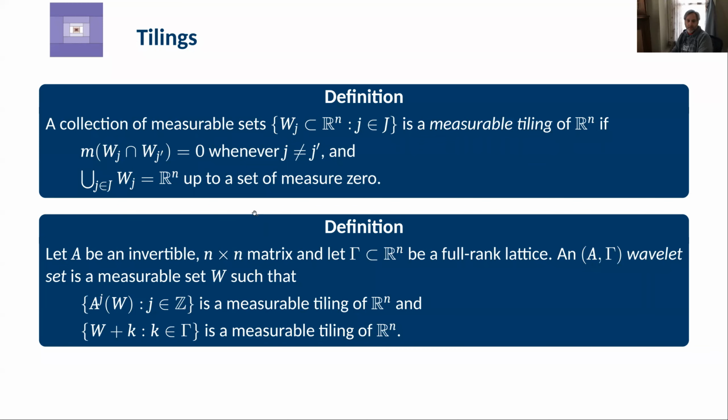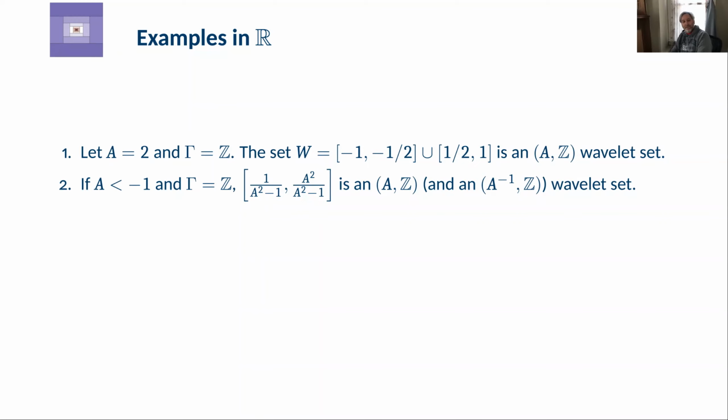Here are two of them. The first is if we just take dilation by 2 and translation by integers, then you can write down very easily a set that is a wavelet set. If you look at this set and think about it for a minute, you'll see dilations by 2 definitely form a measurable tiling of R, because the intersection of any two is at most 2 points.